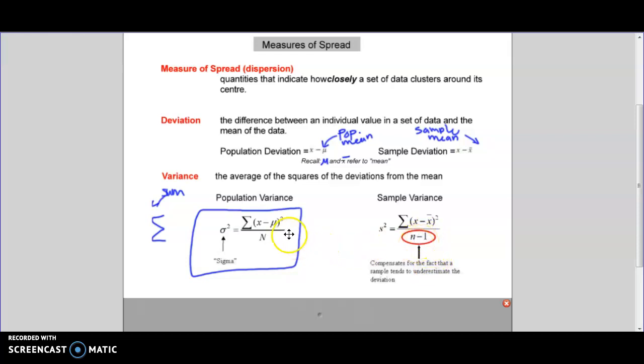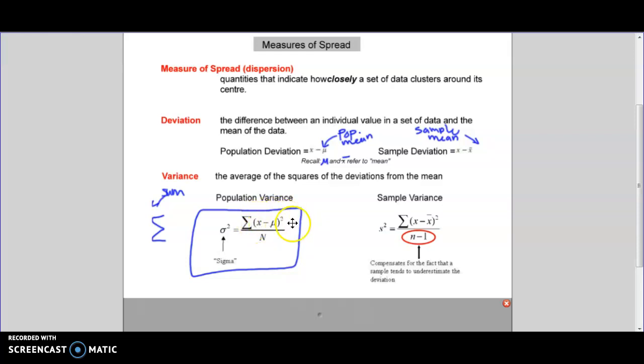How you calculate it, we'll go into more detail in the example, but basically x represents each of your individual data points, and then the mu or the x bar represents your mean. So you take each data point, subtract mu, and square it. Your first point, subtract mu, square it. Your second point, subtract mu, square it. Your third point, subtract mu, square it, and so on until you've done that for all of them.